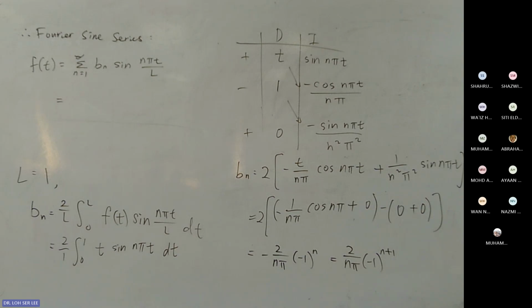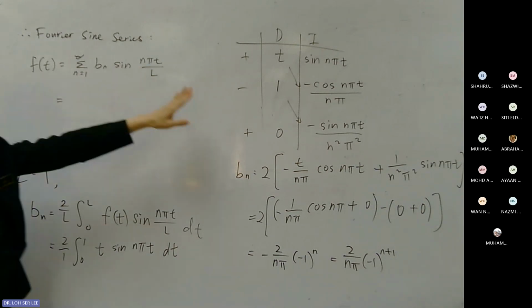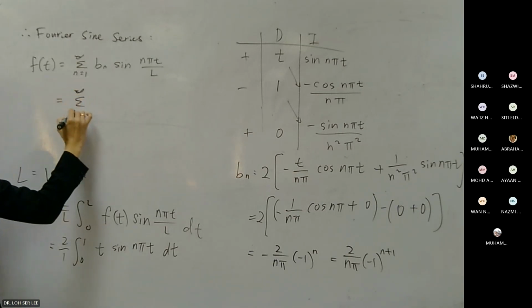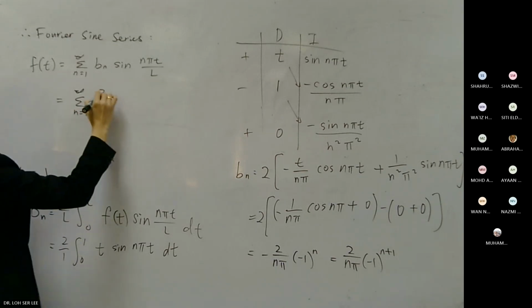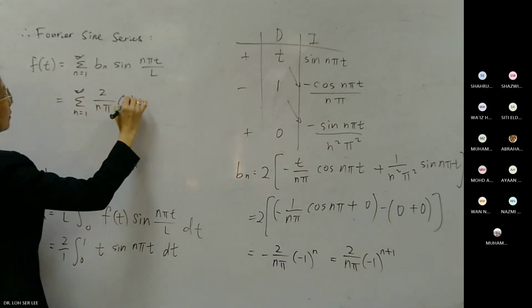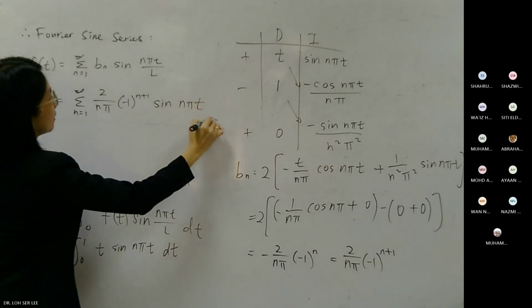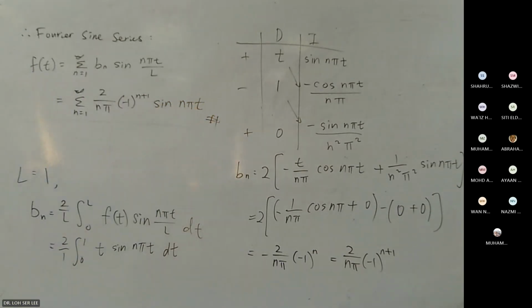Let's say you make some mistakes in the middle and then you get the wrong one, still you get a mark. Any questions?